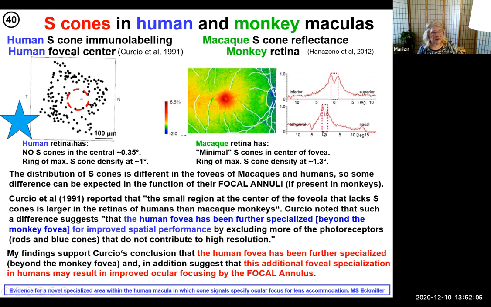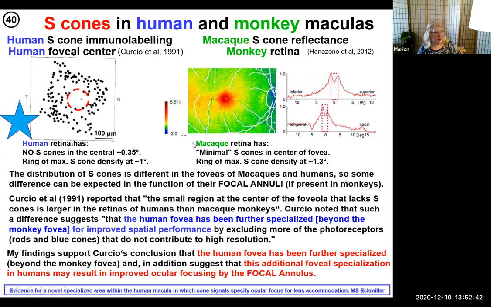You get that inferior, superior, temporal, and nasal, so it winds up being an annulus. The point being that the monkey fovea has S-cones in the very center of the foveola. So the human eye can be understood as being more highly specialized in the region of making a very specialized focal annulus.